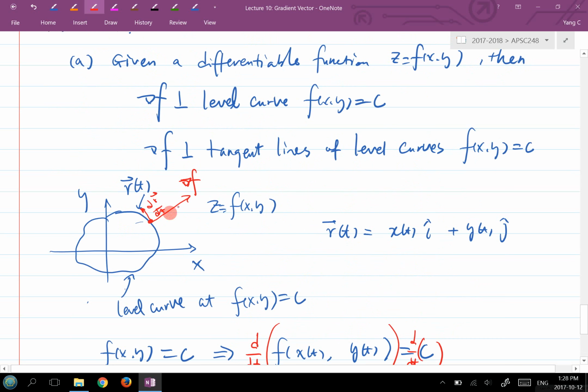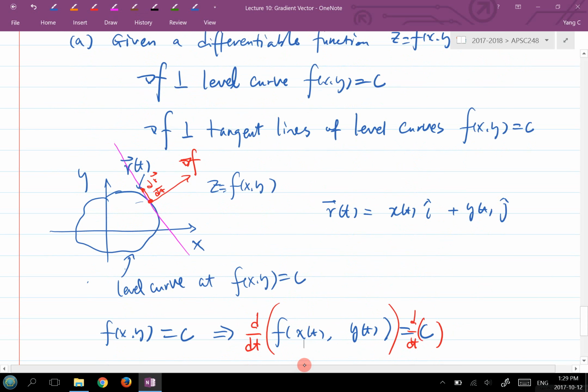Del f is perpendicular. When del f is perpendicular to the tangent vector, we say it's perpendicular to that level curve. Or if instead of a tangent vector you draw a tangent line through that point, then del f will be perpendicular to this tangent line of the level curve at that location.